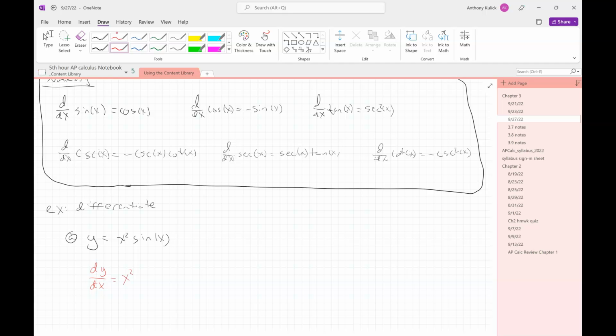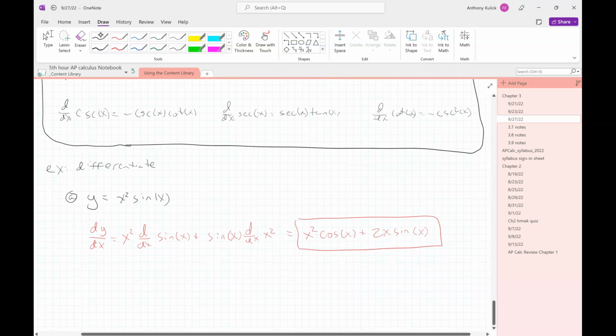So we're going to have the first part times the derivative of the second part plus the second part times the derivative of the first part. What's the derivative of sine x? Cosine x. Very good. And what's the derivative of x squared? 2x. Done. Can't do anything more with that. Everybody cool?